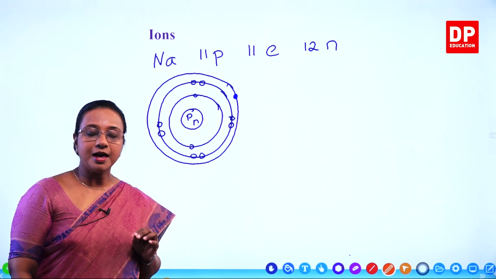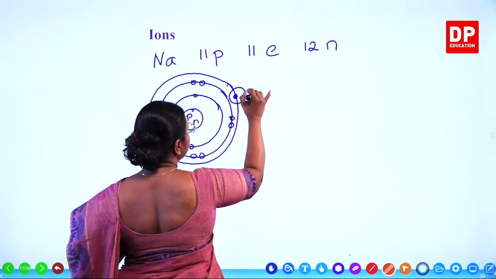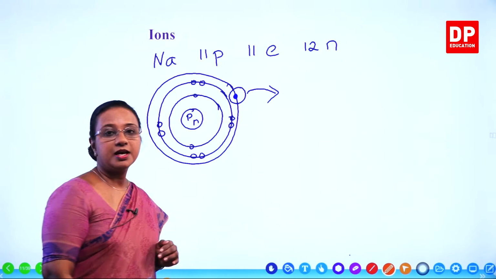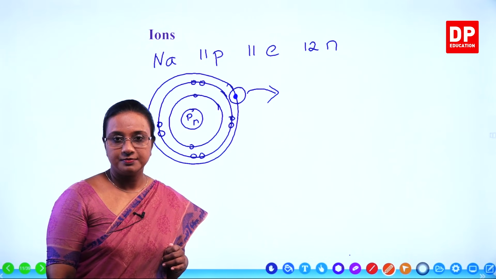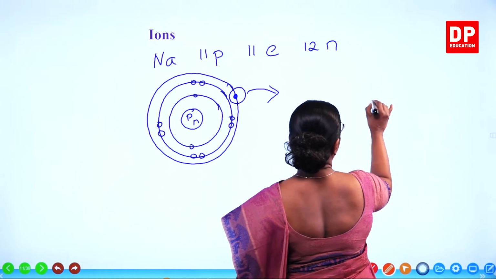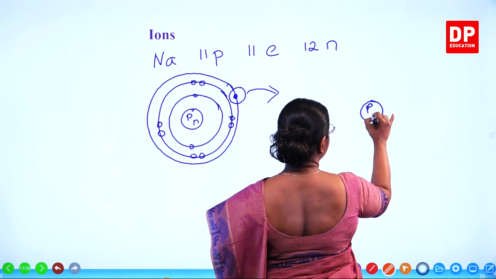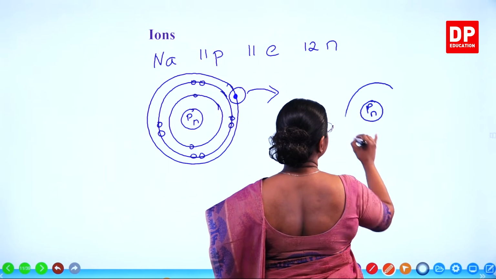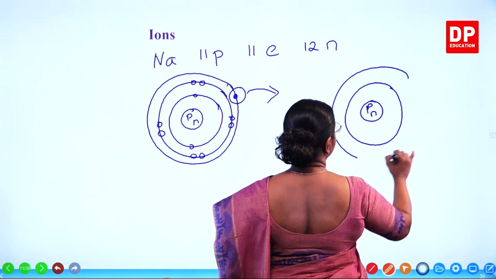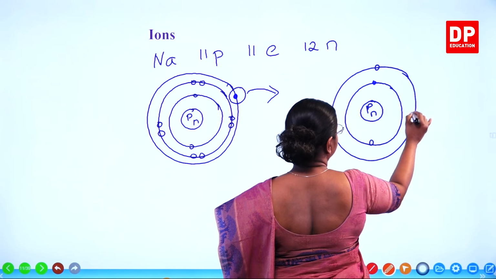So what can happen is you can remove this electron from the outermost shell. Then what will happen? You will have a sodium where you have the same number of protons and neutrons, but there will be a smaller number of electrons.